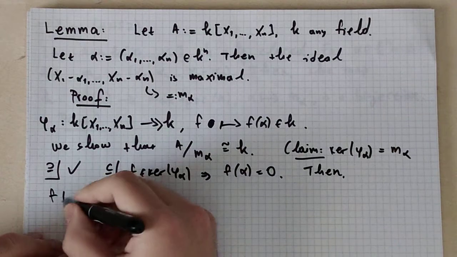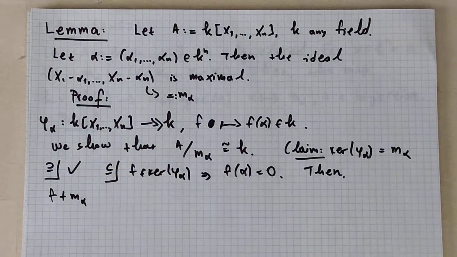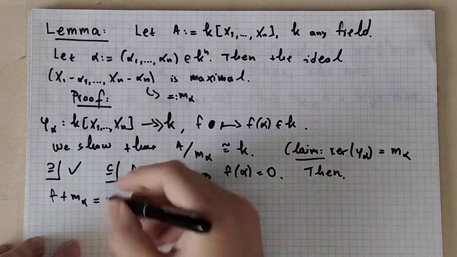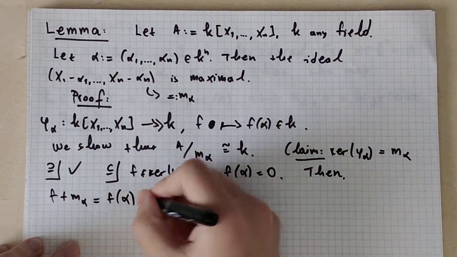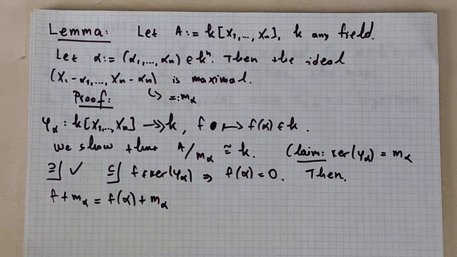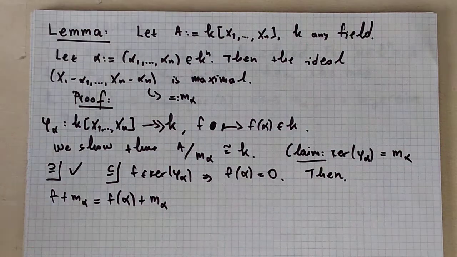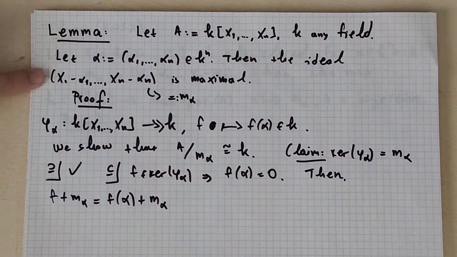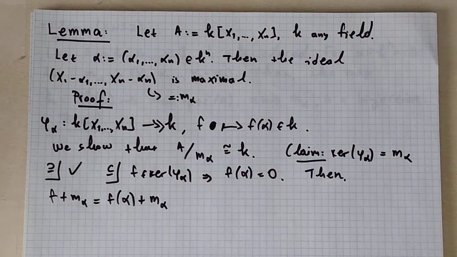It's easy to see that this is exactly equal to f of alpha modulo m alpha, because f is a polynomial in n variables, and if I consider it modulo this ideal, then every indeterminate x_i is replaced by alpha_i.